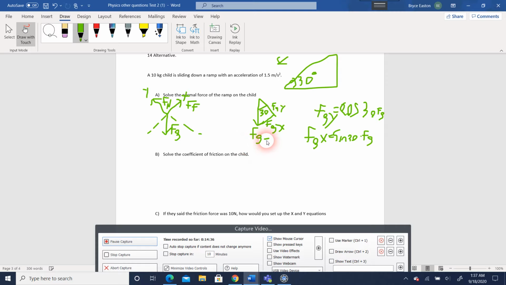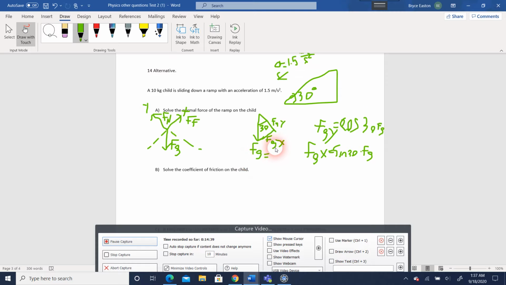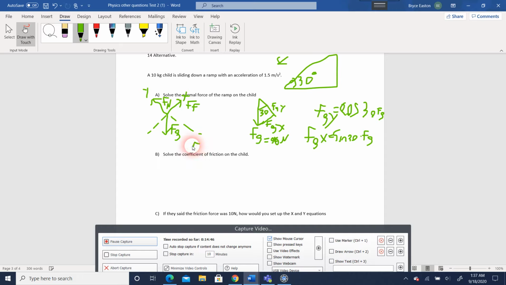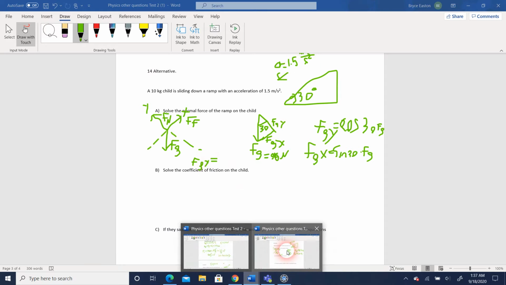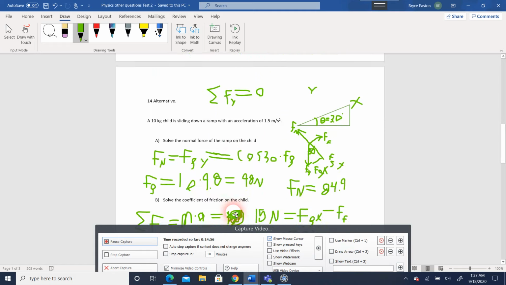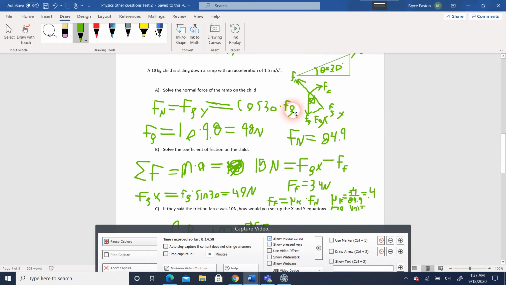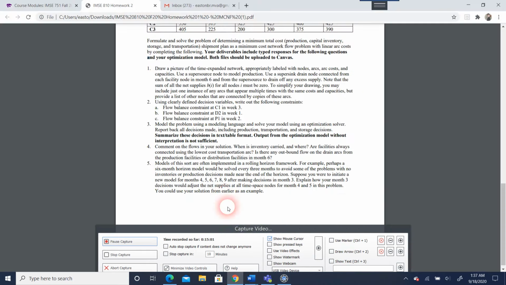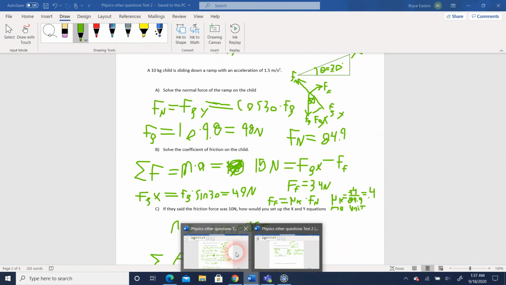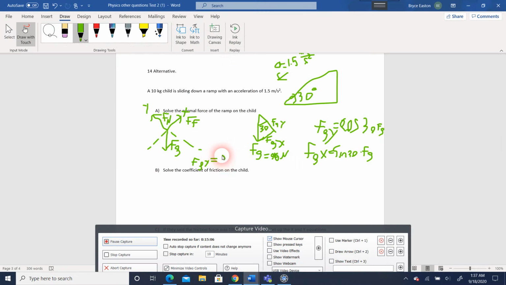Fg is equal to 9.8 times 10, so that's 98 newtons. You plug that into this equation, we're going to get Fgy is equal to 84.9 newtons.